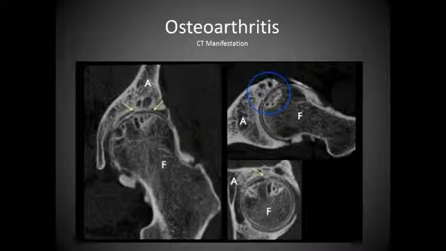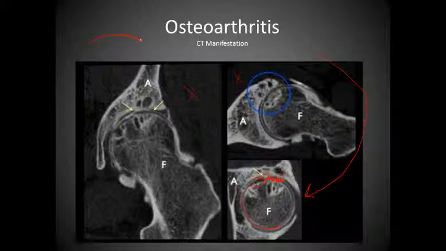Here's a better differentiation. We'll bypass both this figure and this figure and look at this one. We can see this area here, and we see typical joint space, and then we have this huge area, and then we have no joint space. And so that is typical of osteoarthritis.